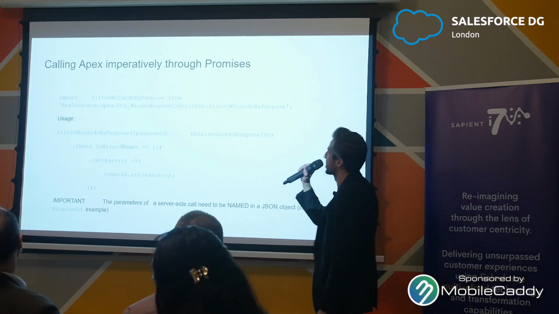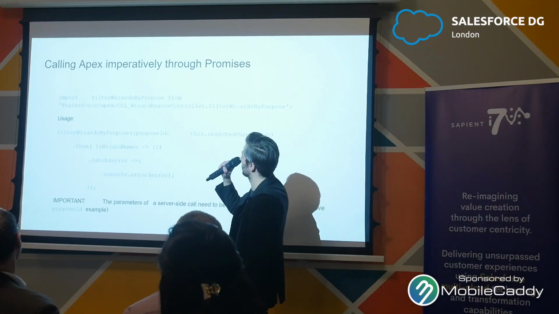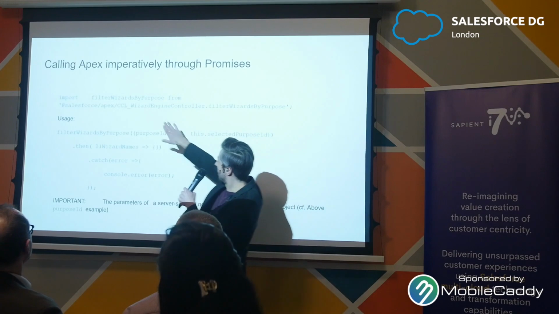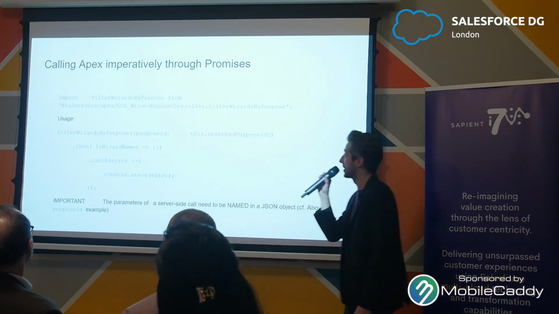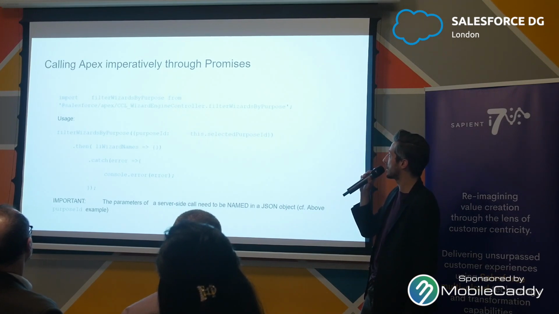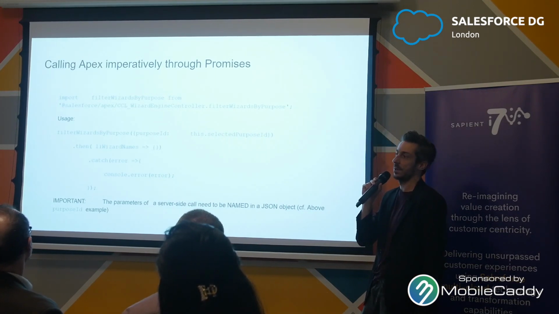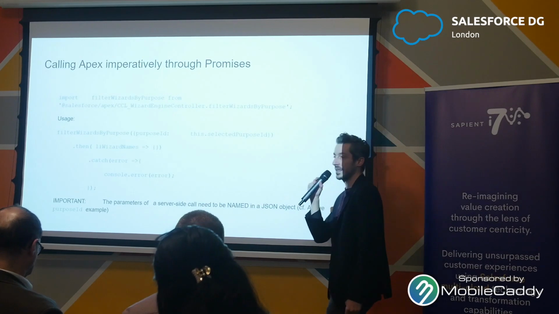Okay, so here we see an example of an import. This controller is my class controller, and it's the one where I put all my business layer functions. So anything that accesses Apex data, anything that has any sort of business logic will be put in there.